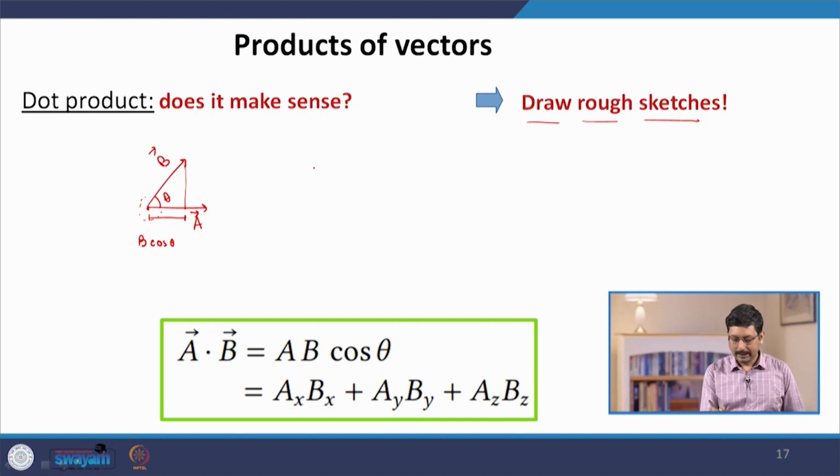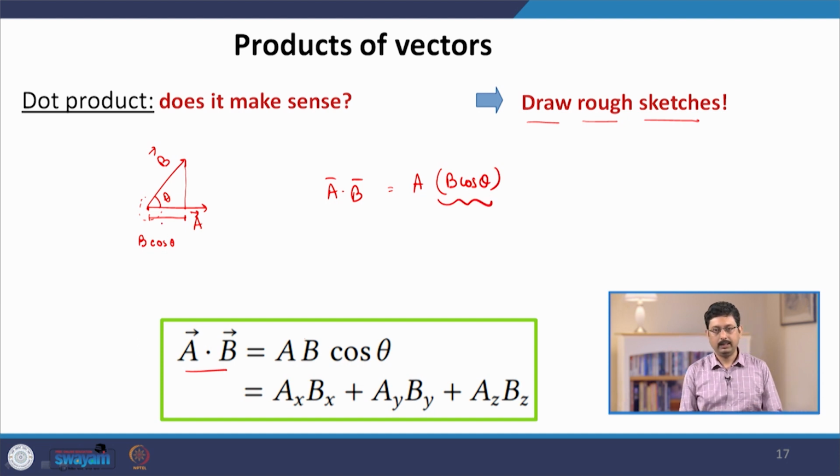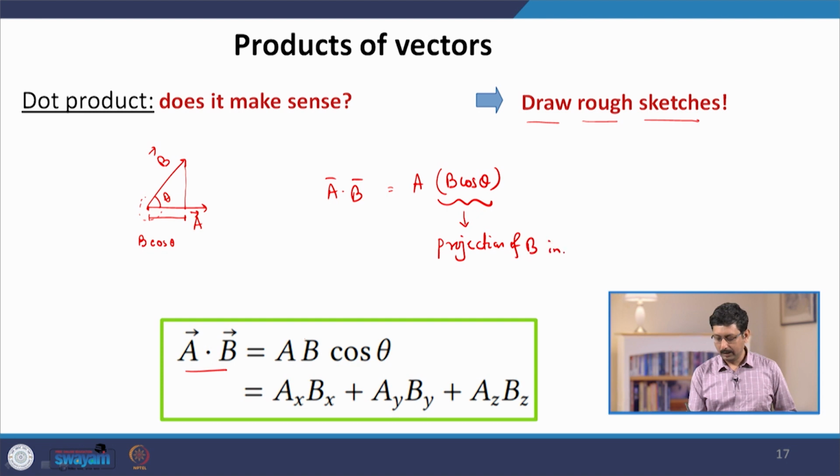So, then A dot B is nothing but A times this B cos theta, which is sort of the contribution of B in the direction of A. This is called the projection of B in the direction of A.